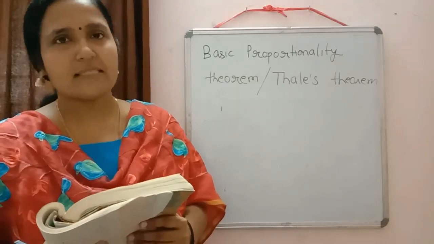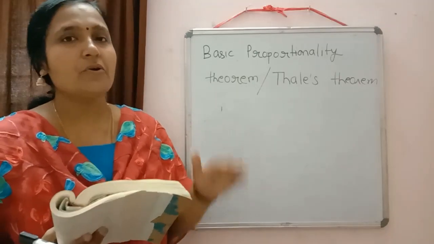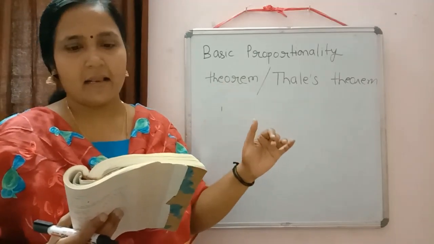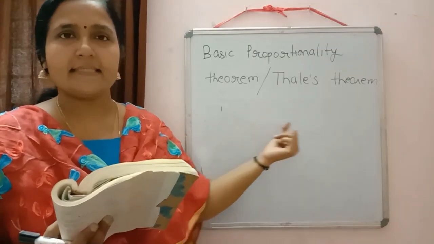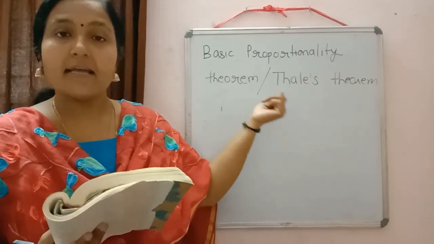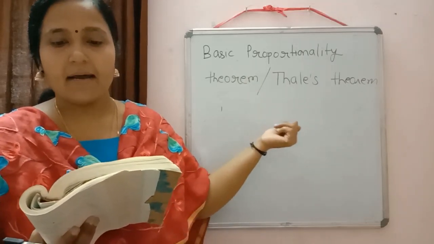So once again you just check the statement. If a line is drawn parallel to one side of a triangle to intersect the other two sides at distinct points, then the other two sides are divided in the same ratio.